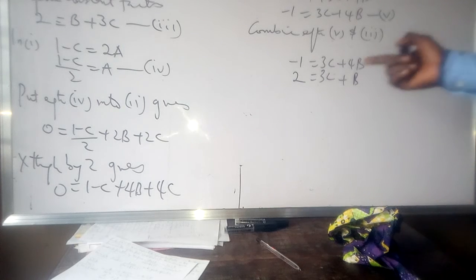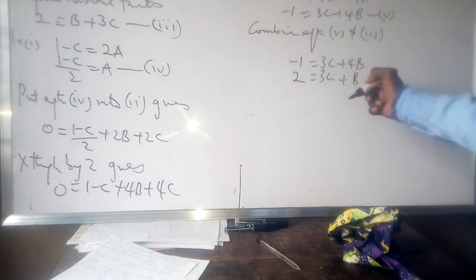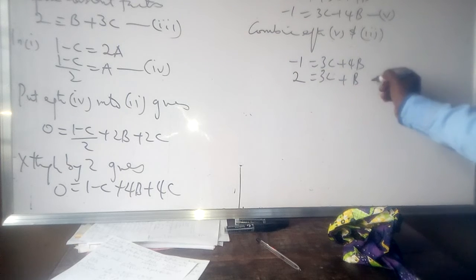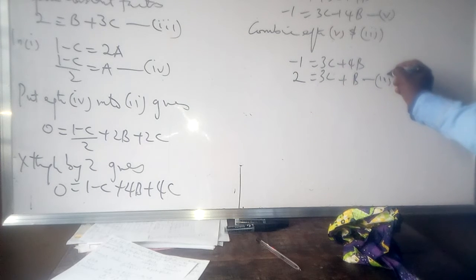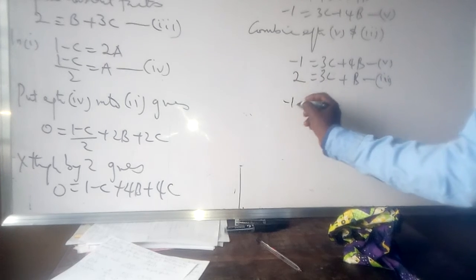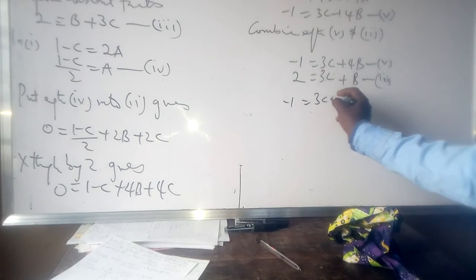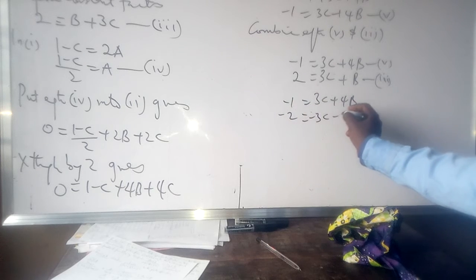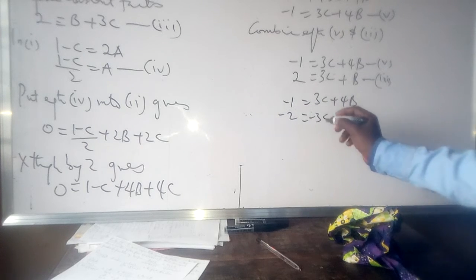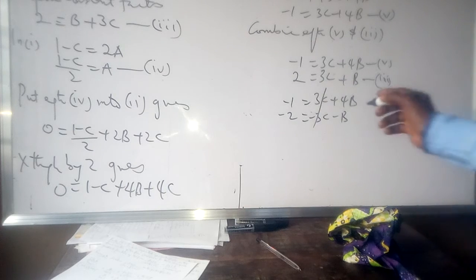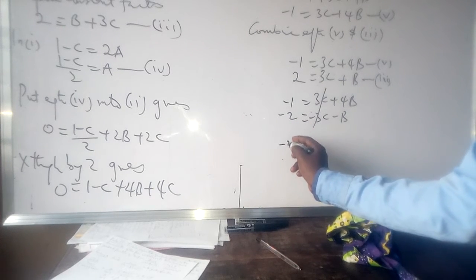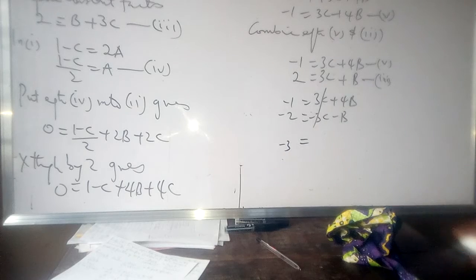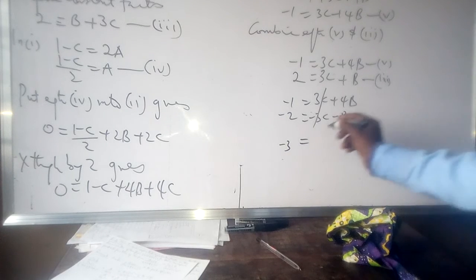So now we can eliminate. By subtracting equation 3 from equation 5, we're going to have minus 1 is equal to 3c plus 4b, minus 2 is equal to minus 3c minus b. So the 3c cancels out, and we'll be left with minus 3 is equal to 4b minus b, that's 3b.